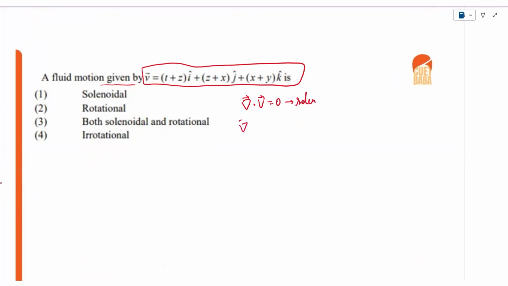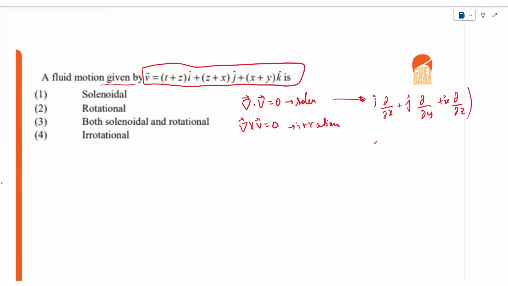And if del cross v is equal to 0, that means it is irrotational. So for solenoidal, we will check. Del is nothing but i cap del by del x plus j cap del by del y plus k cap del by del z.